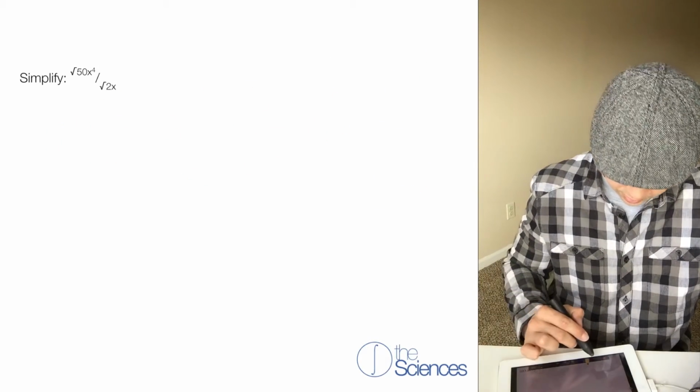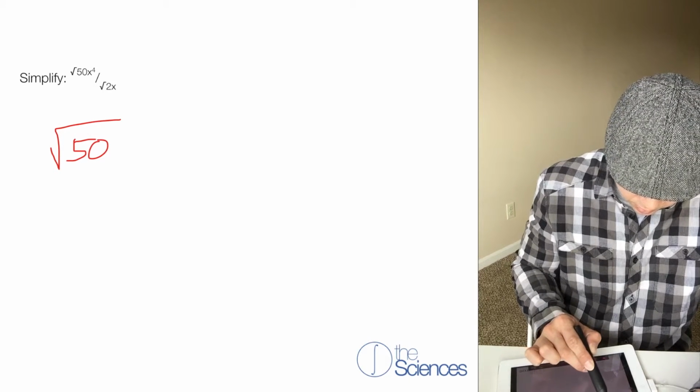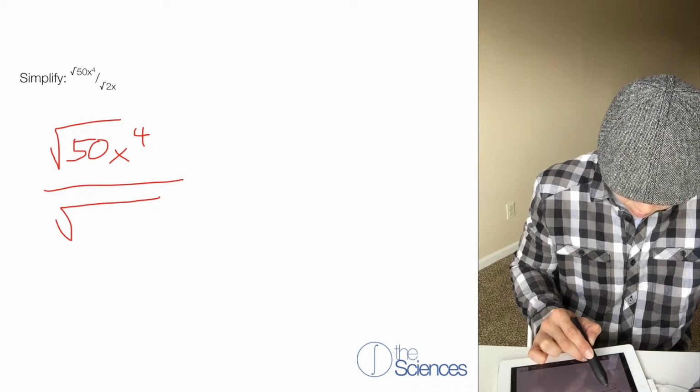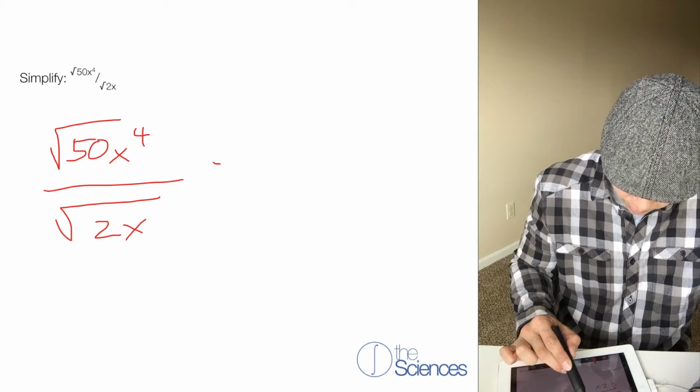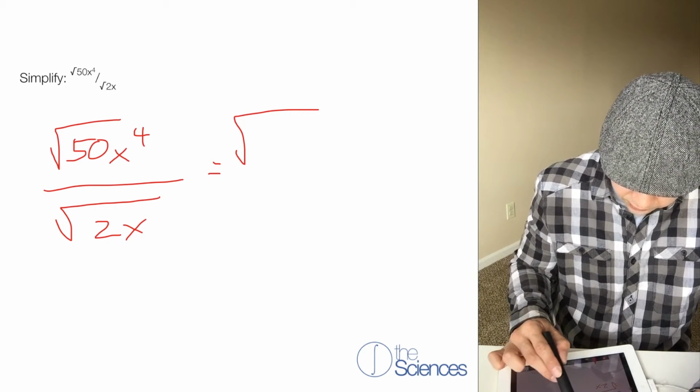Now let's simplify the square root of 50 times x to the 4th divided by the square root of 2. So here we're going to want to break down 50.